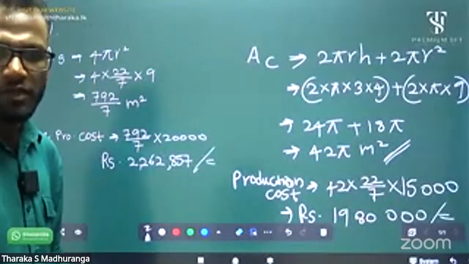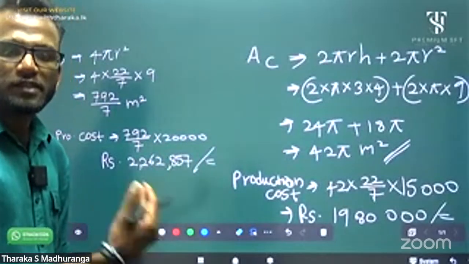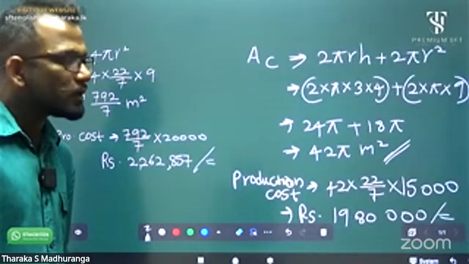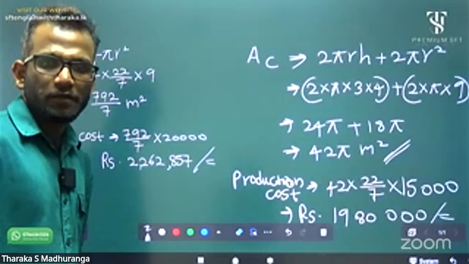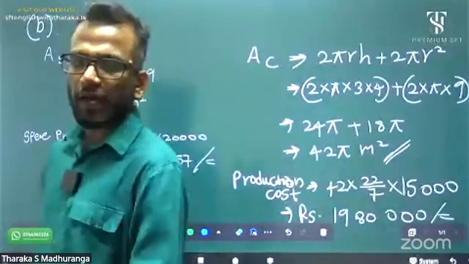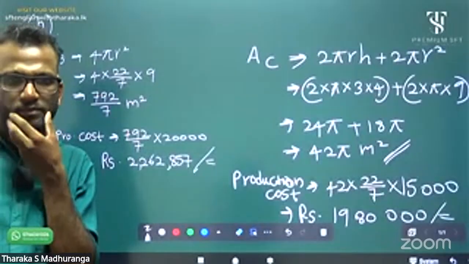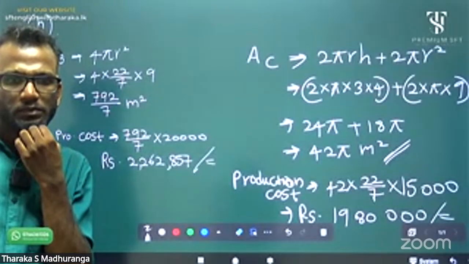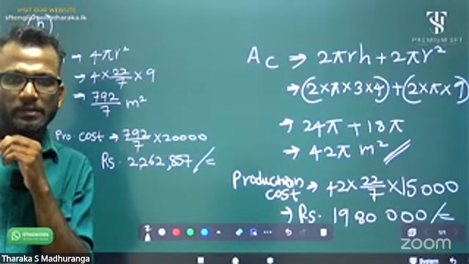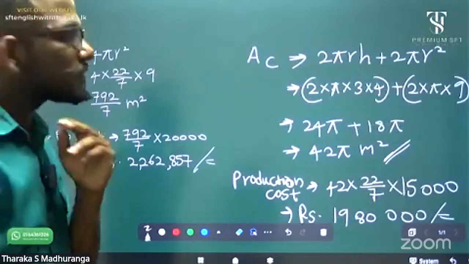Okay, which one is cheap? According to production cost, cylinder or sphere, which is the cheaper one? Yes, the cylinder is the cheap one.